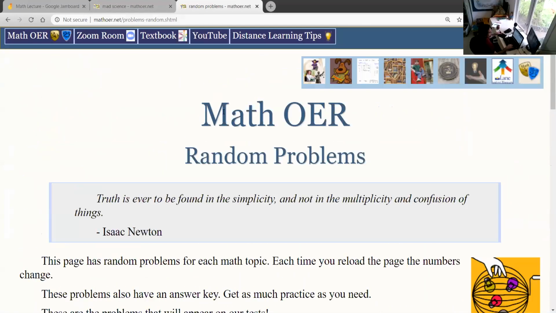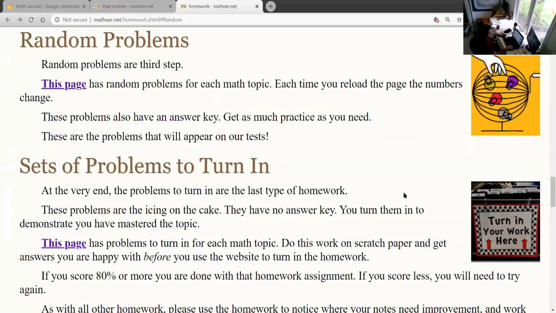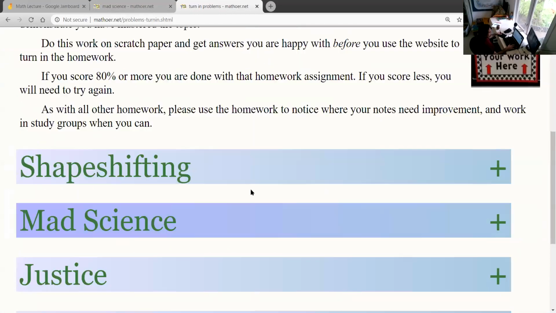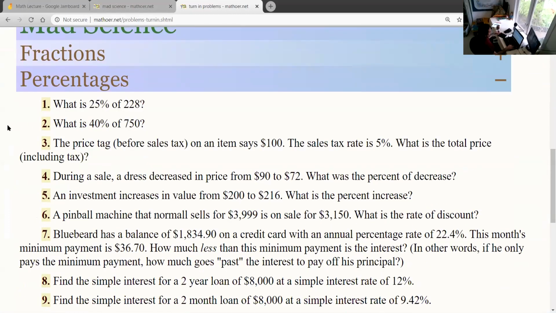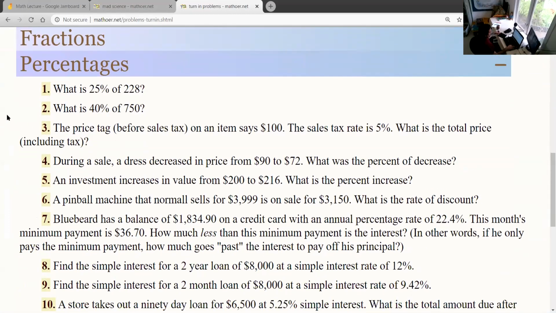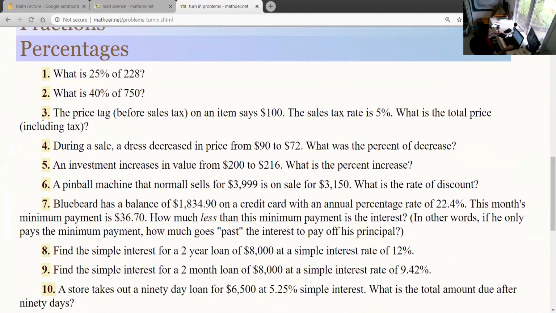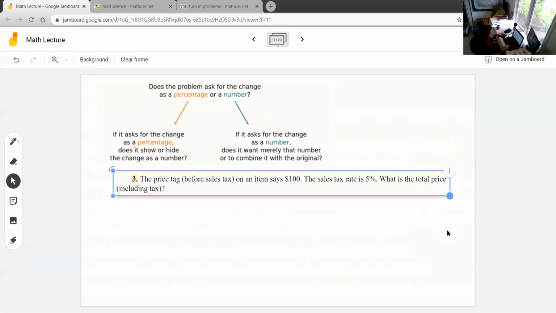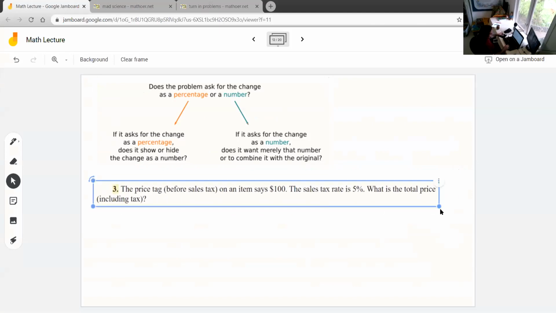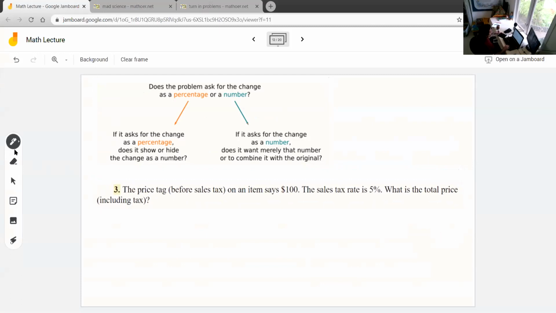Let's look at the turn-in homework. Okay, I don't want to do your turn-in homework for you.